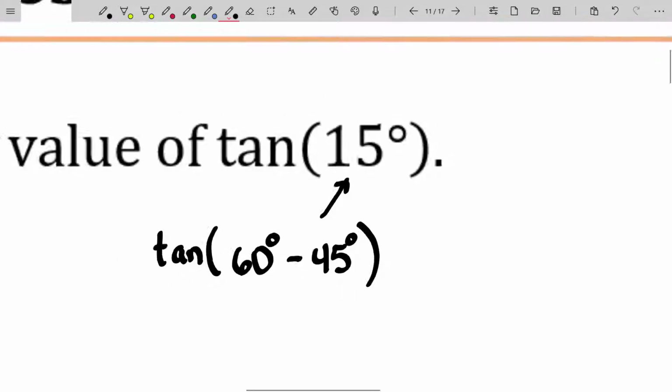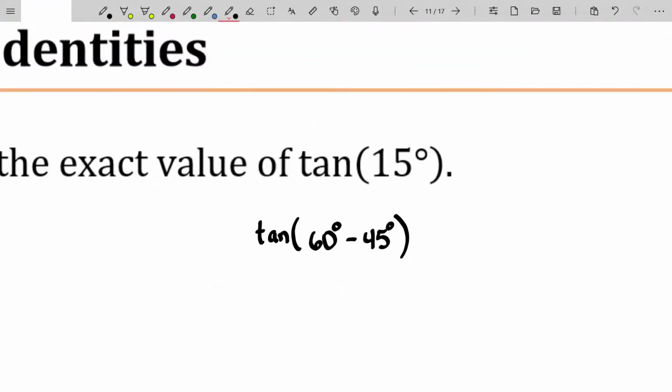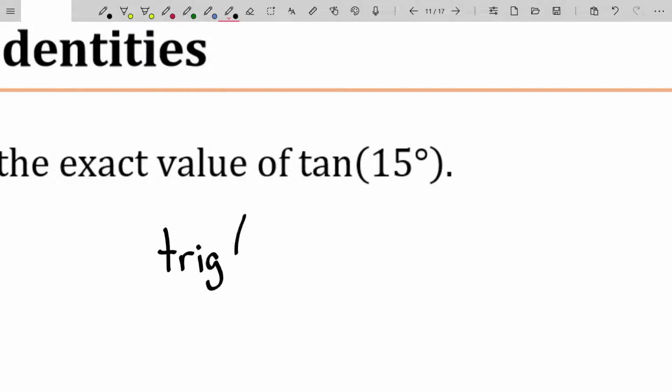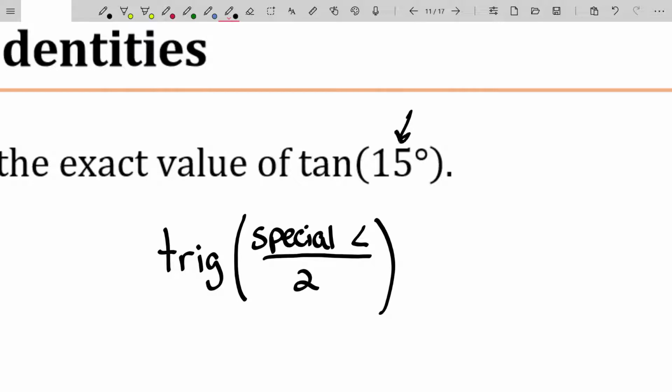However, another way you could do it, and I think a somewhat easier way, is to note that 15 degrees is just half of 30, and 30 is a special angle. So really your goal is to find the trig function of a special angle over 2. You want that angle to be a special angle over 2, if you can do that.